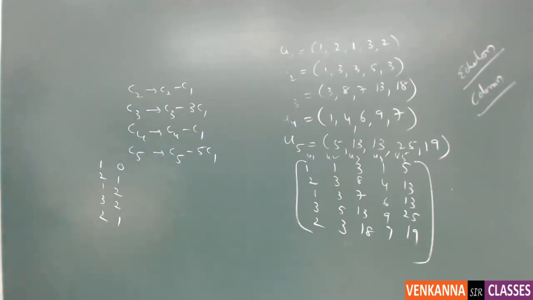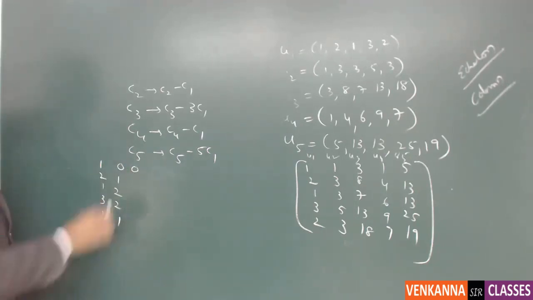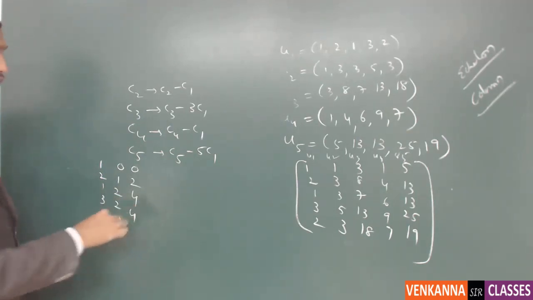Again you are performing C3 tends to C3 minus 3C1. 0, 2, again 4, 4.